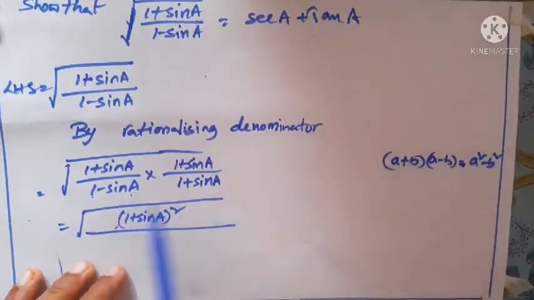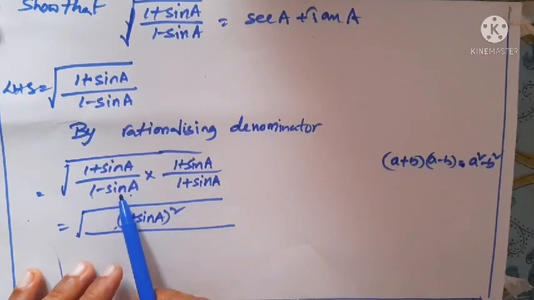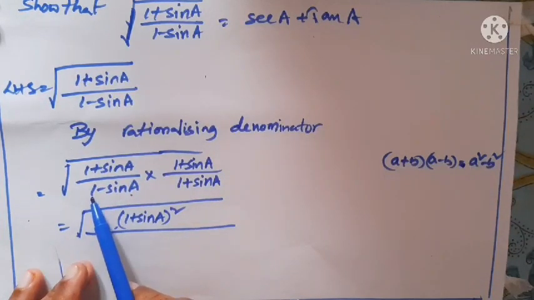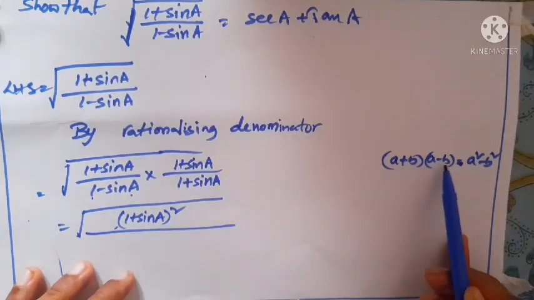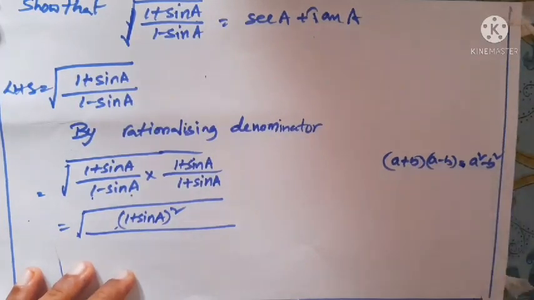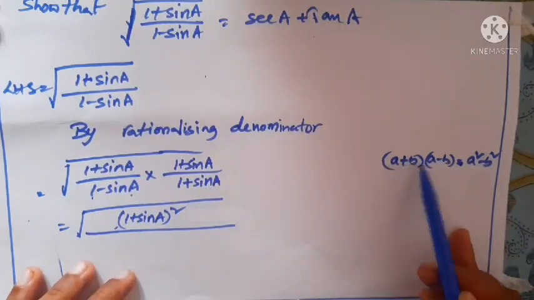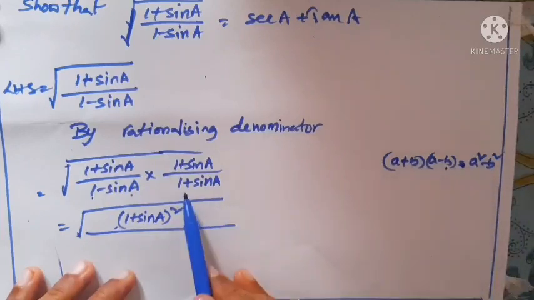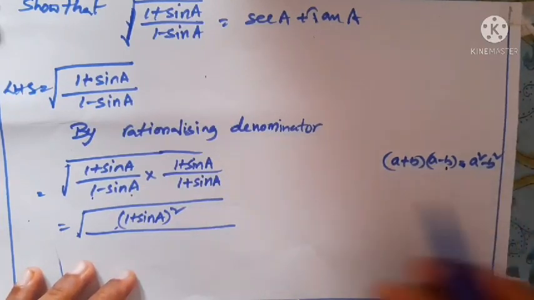So see here, let A equal to 1 and B equal to sin A. Here A minus B and A plus B. So A plus B into A minus B equals A square minus B square. And 1 minus sin A into 1 plus sin A is in the form of A plus B into A minus B, so you can write it as A square minus B square.